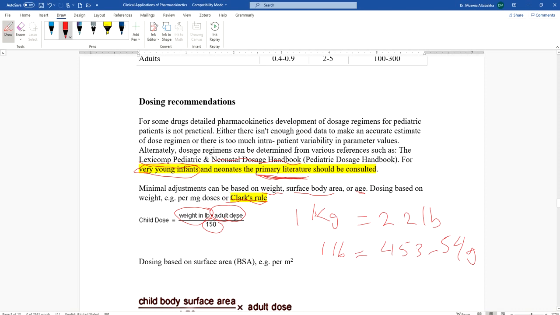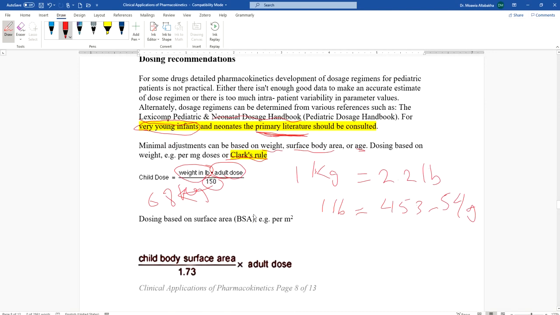So an equation that is based on weight is Clark's rule, and as we said, it's the weight of the child divided by 150. Of course, the 150 here represents the ideal weight of an adult, which is approximately 68 kilograms. So you look at this ratio and you multiply it by the adult's dose.